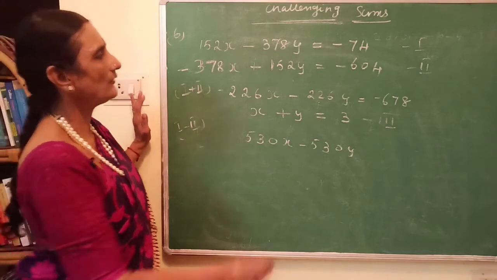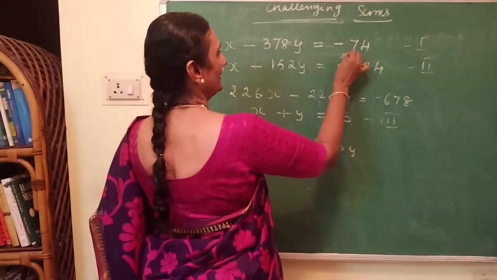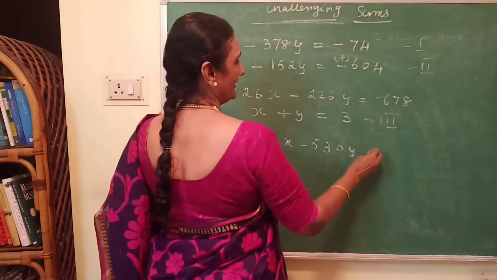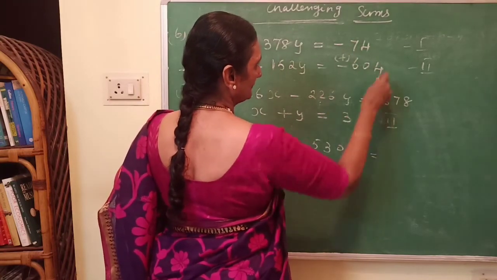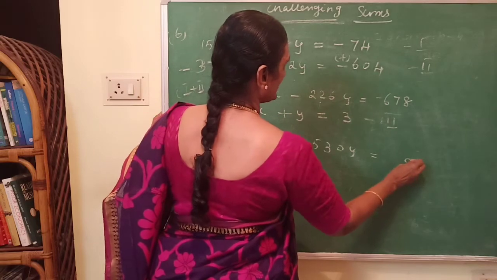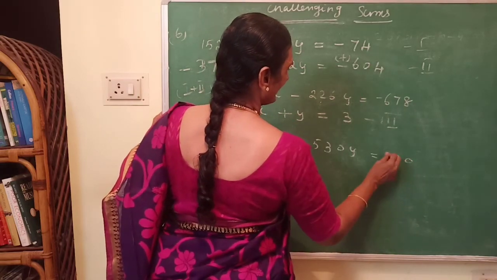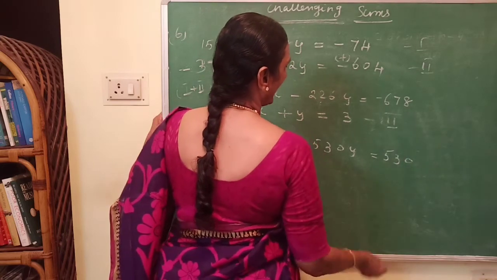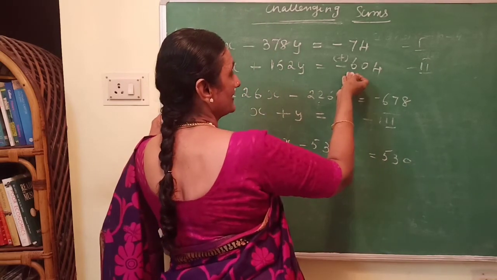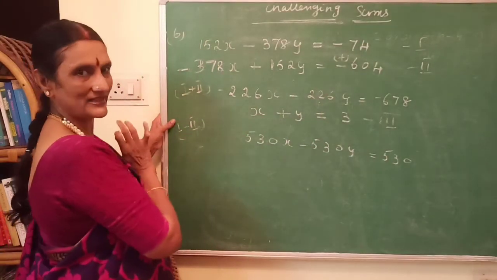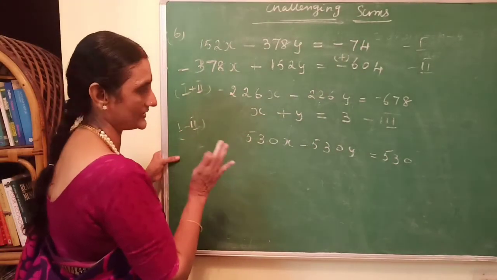Okay. Now if you add, what will happen? We are subtracting, therefore you are changing the sign. So that is equal to 530 on the right, and of course the sign here is positive because we are changing the sign, we are subtracting 1 minus 2. This and all very, very important.